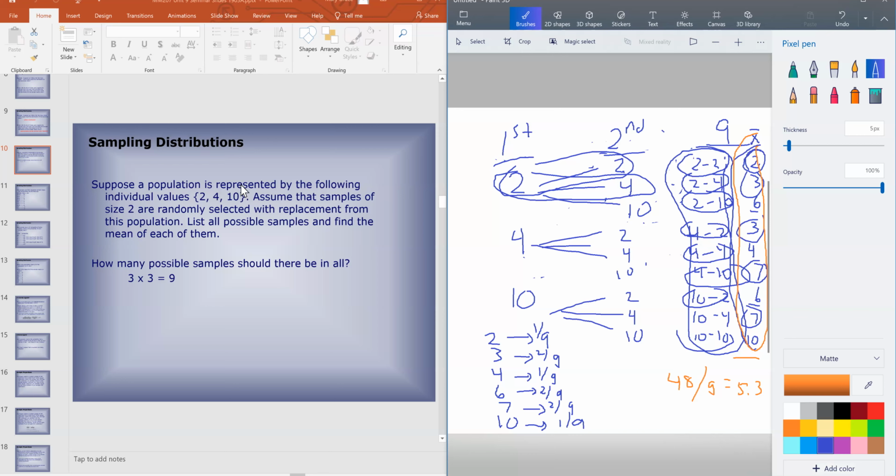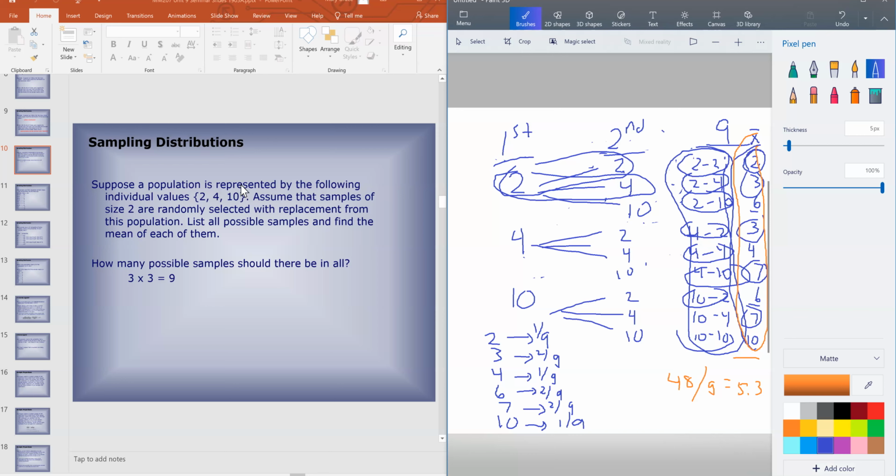If you can show all possible samples and get all possible sample means, then the average of all those sample means will be the average of the true population. And what we refer to that as is that the sample means are called unbiased estimators. All right? That sample means are referred to as unbiased estimators because they're unbiased. They'll always average out to be the true population mean.